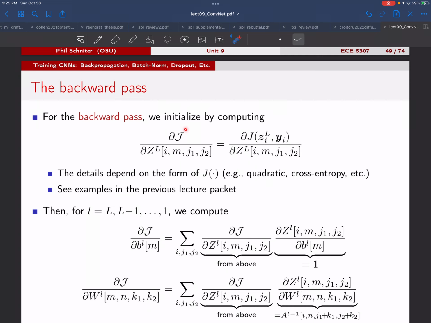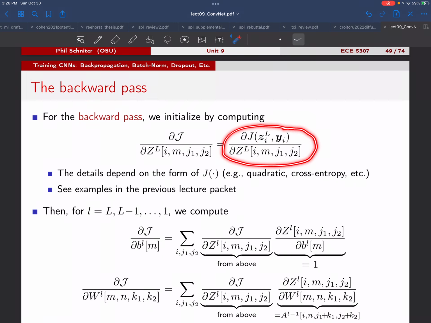This script J is a sum over the different batch indices i, so there's only one i that I care about. All the other terms in that sum we can ignore, and so I can focus on the ith term in that sum, which is this one.